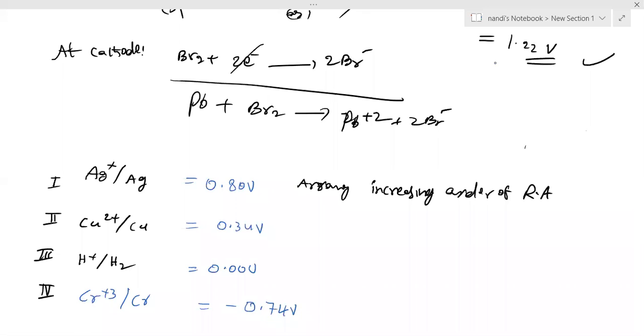What is the order? Yuvashri, your answer is wrong. Gautam, Chiranjeevi.